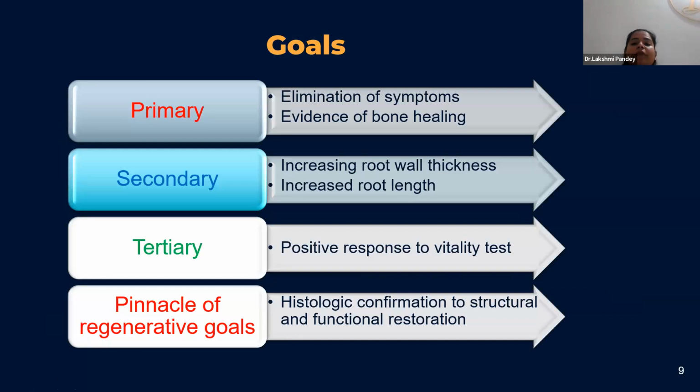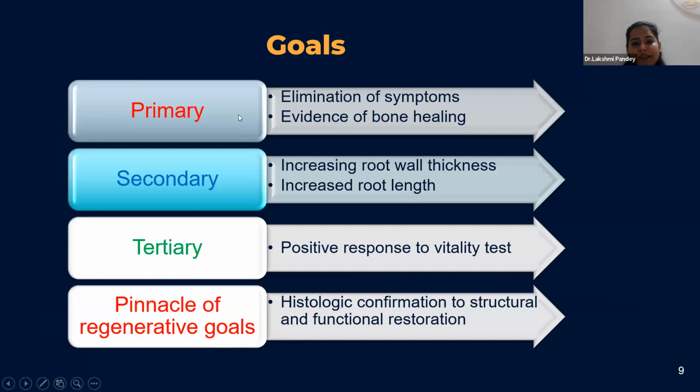Now let's talk about what exactly the goals are. Why do you want to perform regenerative endodontics and why is it important? The goals mean that when you do a procedure, you should have an aim for the outcome. There are four goals.